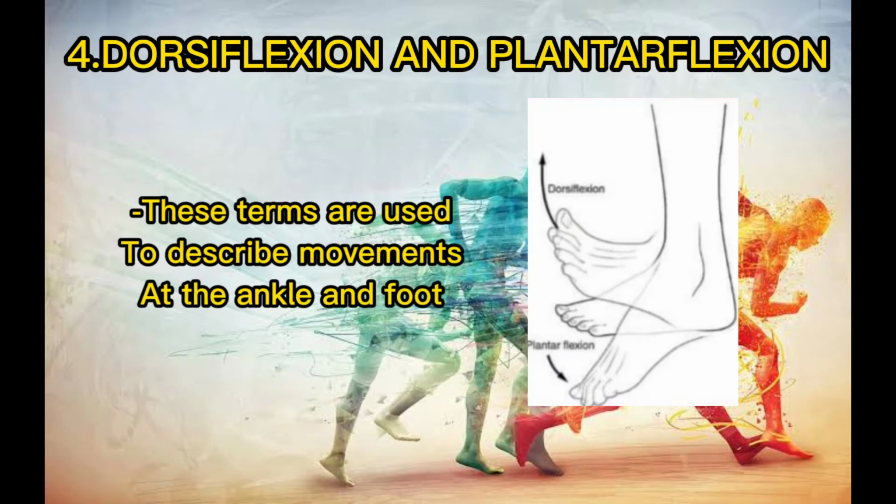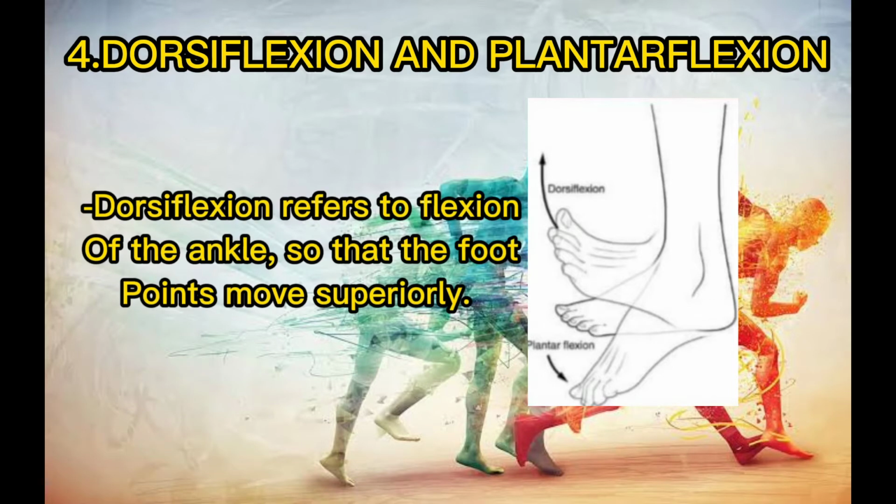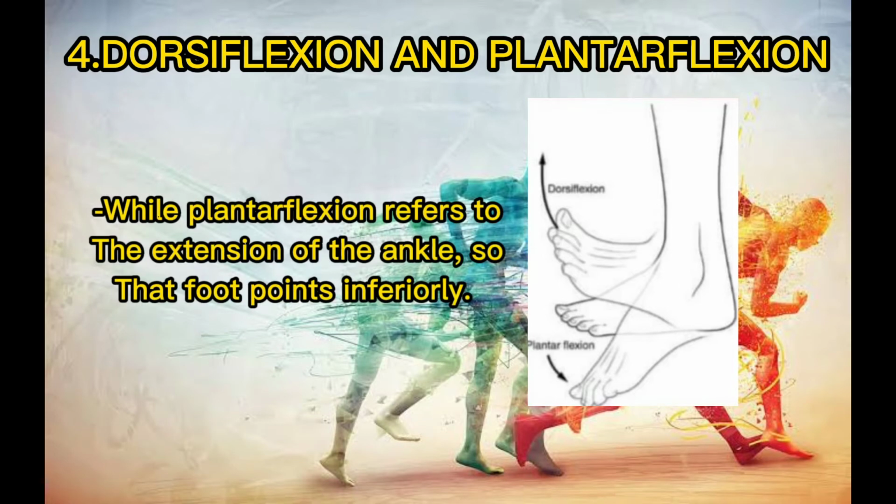The fourth movement is dorsiflexion and plantar flexion. These terms are used to describe movements at the ankle and foot. Dorsiflexion refers to flexion of the ankle so that the foot points superiorly, while plantar flexion refers to the extension of the ankle so that the foot points inferiorly.